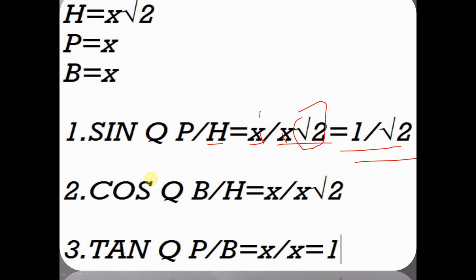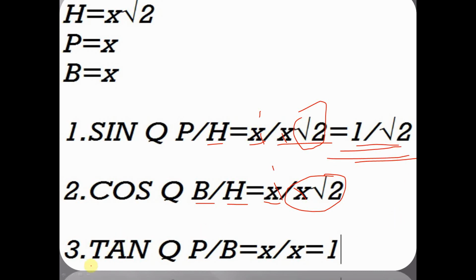Then we will find the cos theta, b by h. Badri Har. The value of b is x, the value of h is x root 2. Then again x cuts and remaining 1, the answer will come the same.